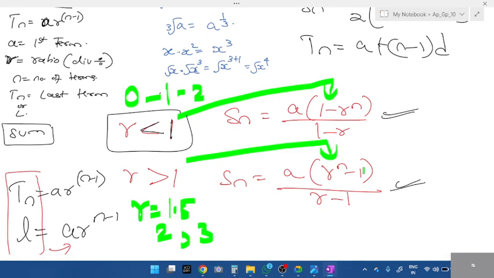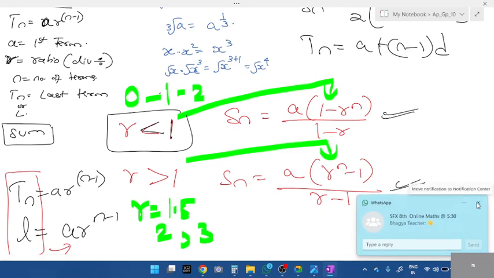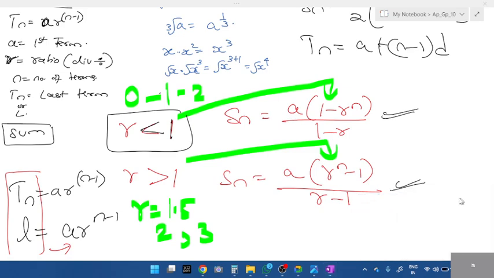R to the n minus 1 over R minus 1, yes, correct.